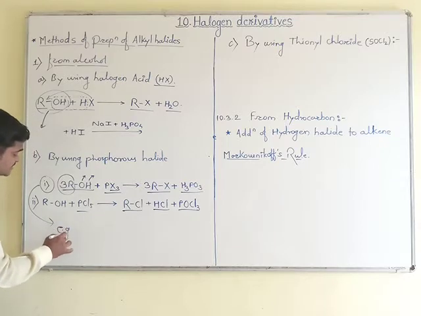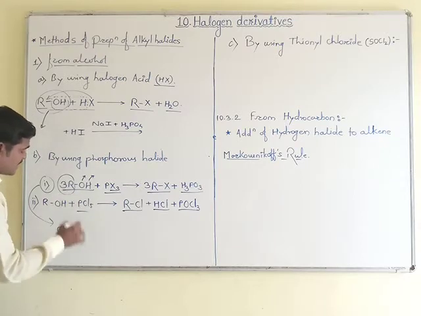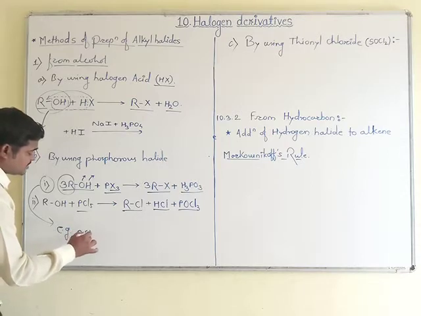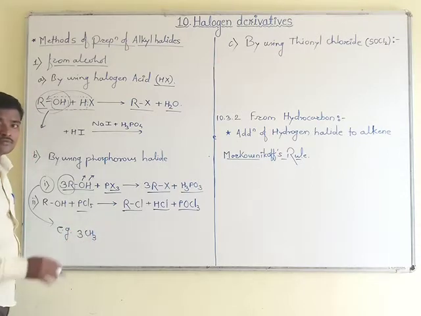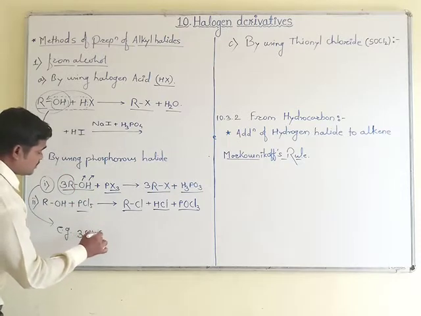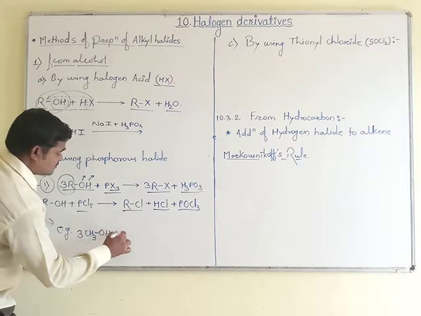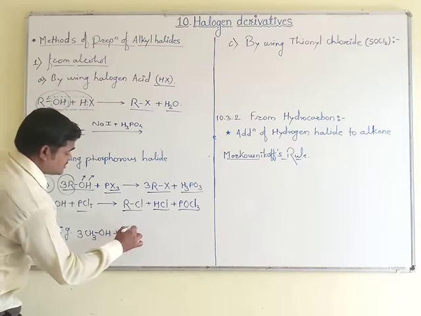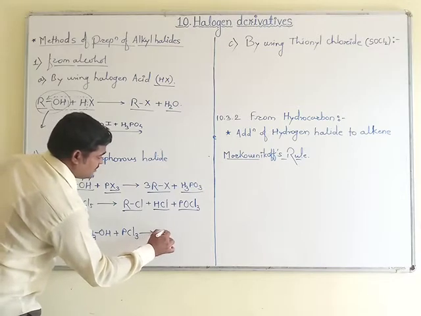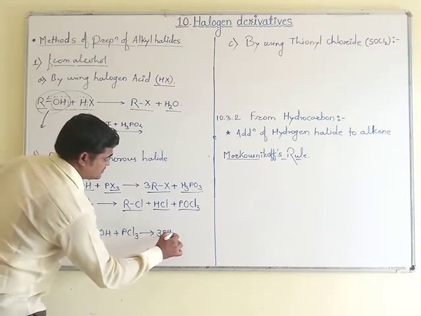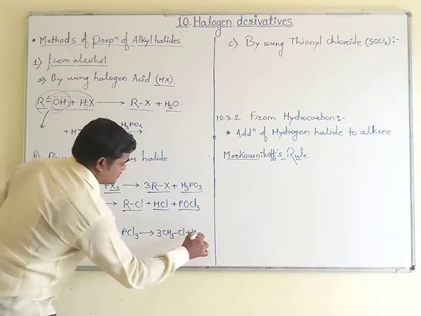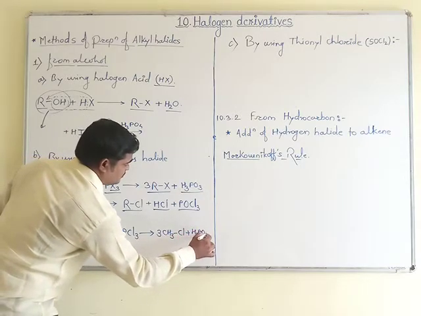If we come across its example, instead of R, if I use CH3, that is the methyl group, okay, that is methyl alcohol, on reaction with PCl3, we are getting 3CH3Cl plus H3PO3.